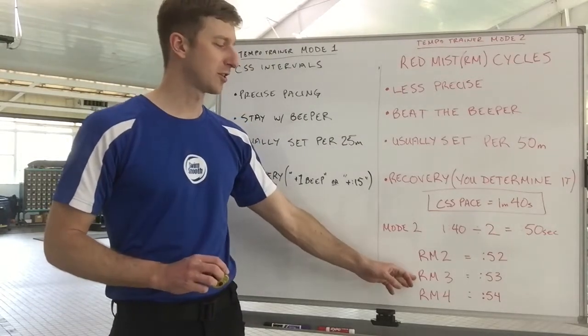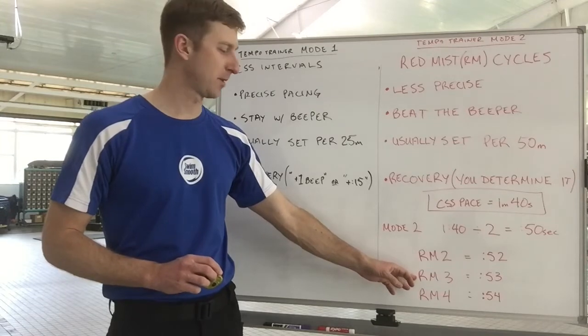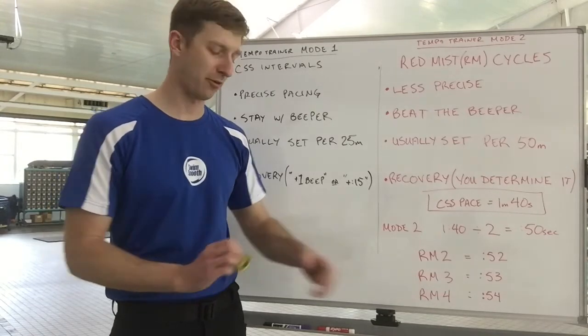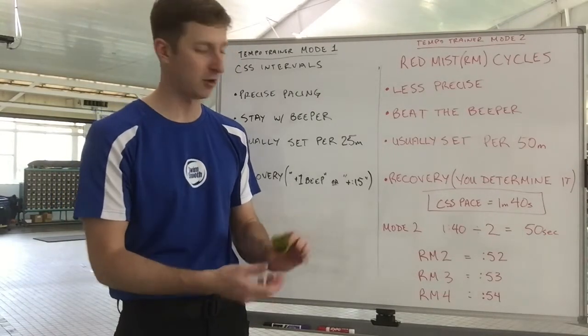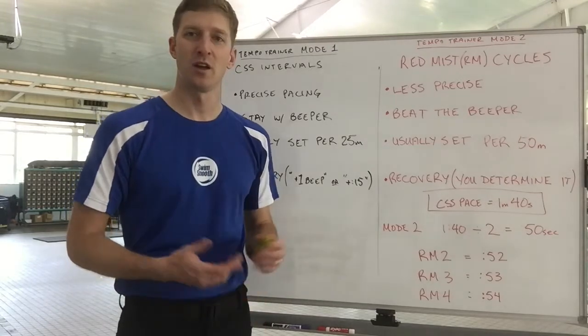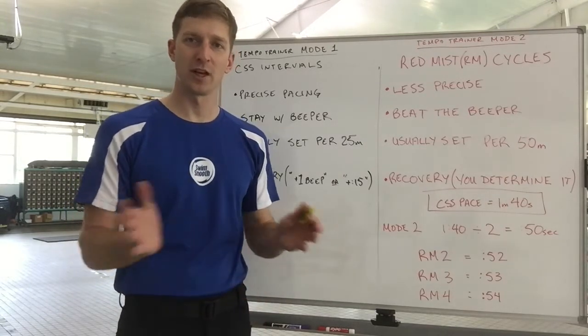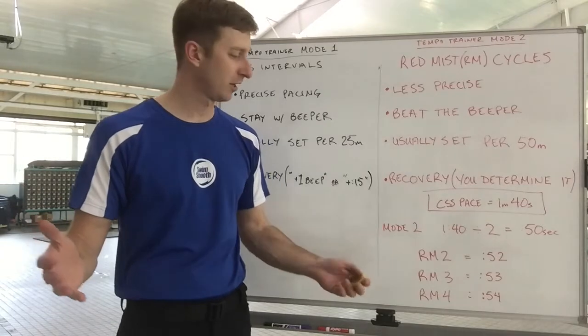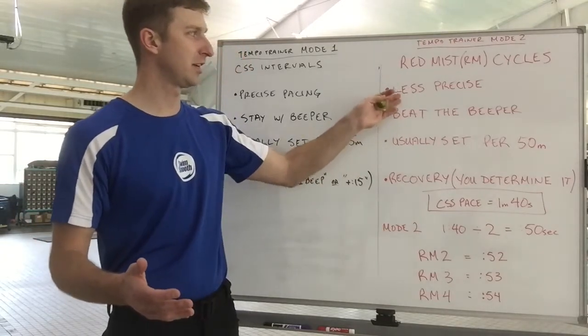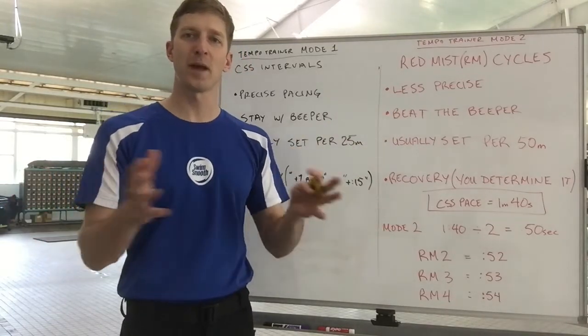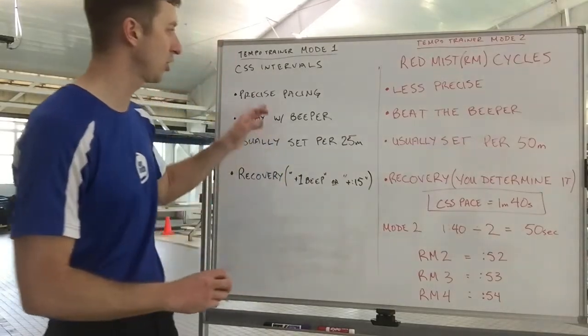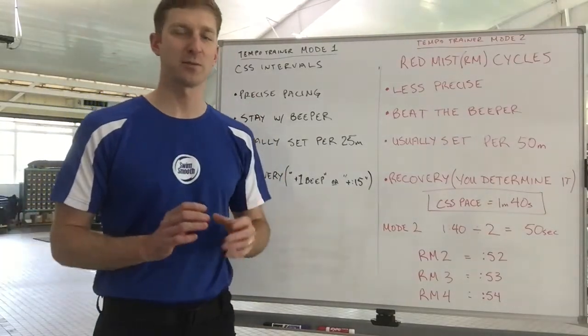If you want to ratchet the pace down, you can simply adjust the beeper setting to RM3. You would simply lower it down to 53, down to 52, and so on. You'll get less rest, or more recovery, also giving you the ability to control your pace a little bit more, as opposed to over here where we are doing very precise pacing.